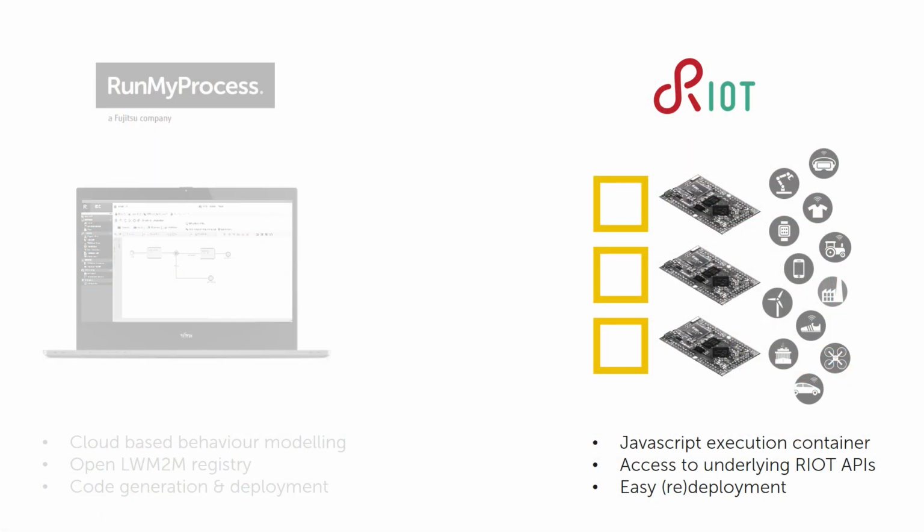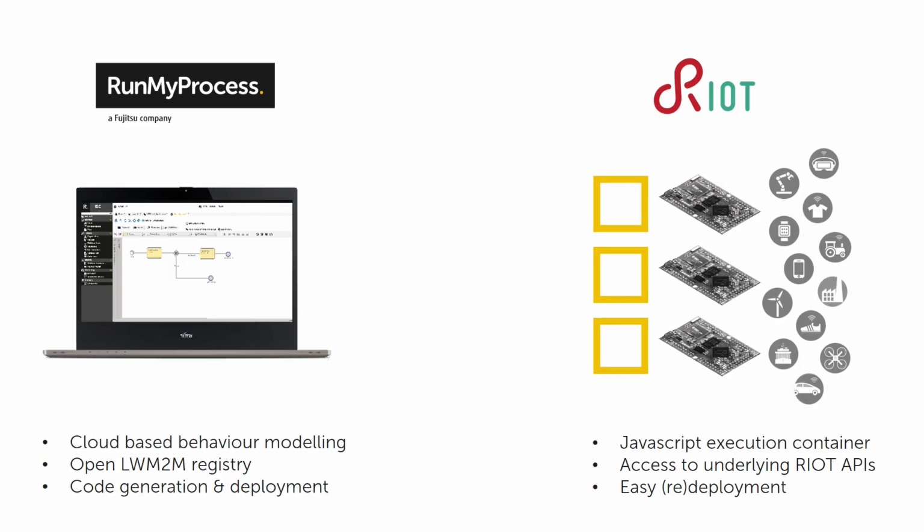So what we've done is we've been working with an open source operating system called Riot, where we have added the ability to deploy any kind of functionality to that device so that we can add intelligence onto the IoT devices themselves. The second thing we then looked at is how do we make it easy for non-experts to be able to effectively model and create that functionality that they want to deploy into these kinds of distributed real-world environments.